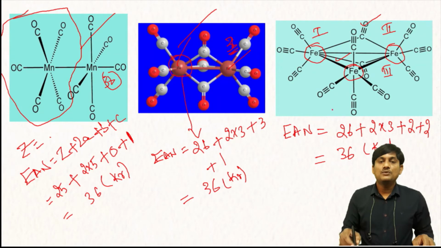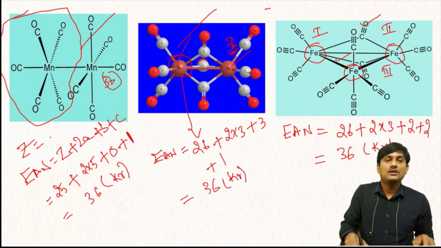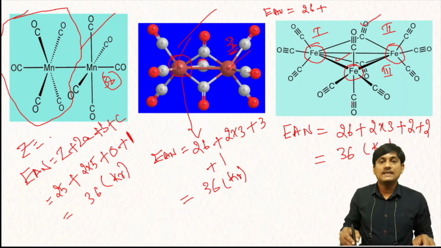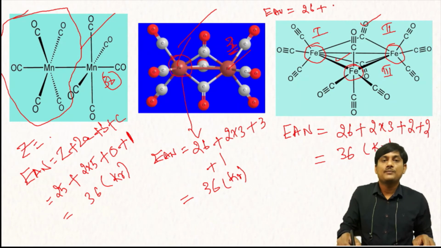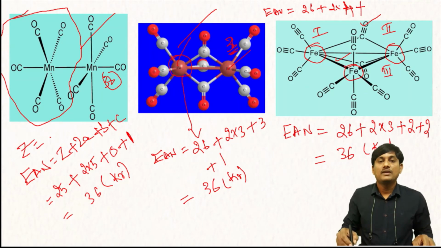Let us take the third one. For the third one, what is the effective atomic number? EAN is equal to again 26. And how many terminal CO ligands are there? 1, 2, 3, 4. So 2 into 4, plus there is no bridge ligand, 0, and the metal-metal bonds, 2.